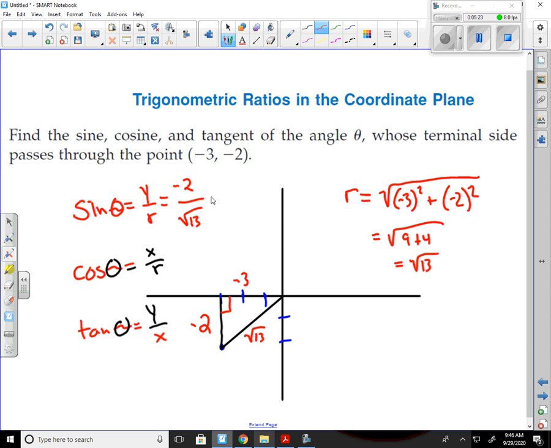Remember, I can't have a square root in the bottom, so I multiply by the square root of 13 on top and bottom to rationalize that denominator. Gives me negative 2 root 13 over 13.